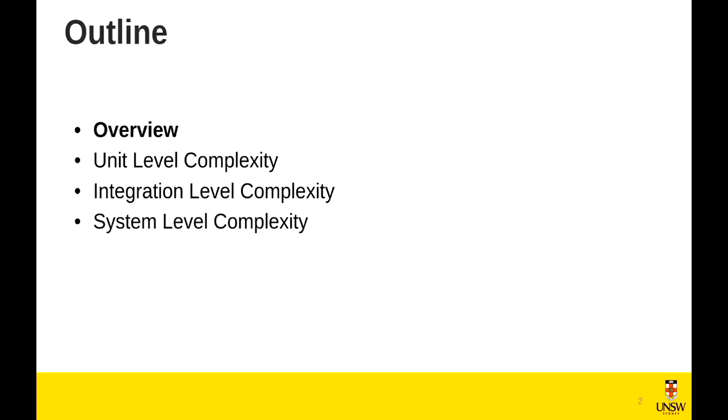So E means the number of edges, n means the number of nodes, and p means the number of individual connected sub-components. And for unit level cyclomatic complexity, the value of p is normally 1. So we can just have E minus n plus 2.